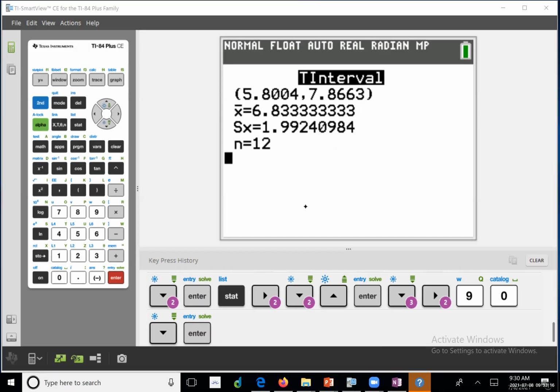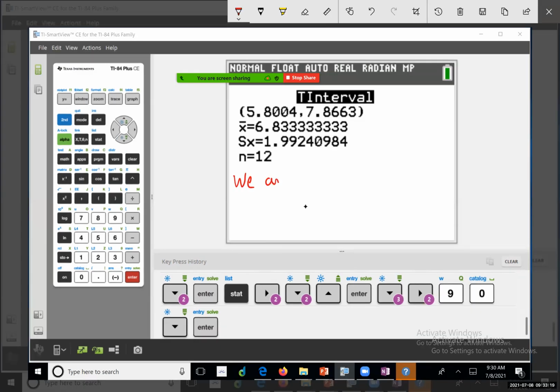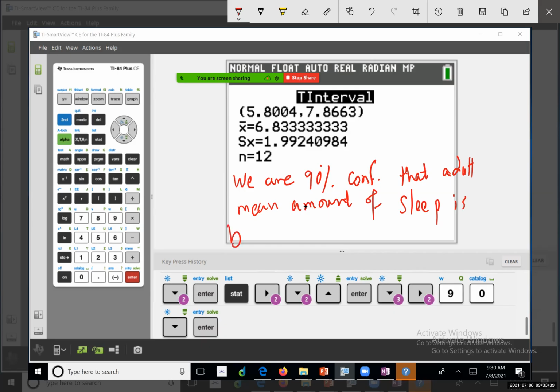On average, we are 90% confident that the adult mean amount of sleep is between 5.8 and 7.9 hours.